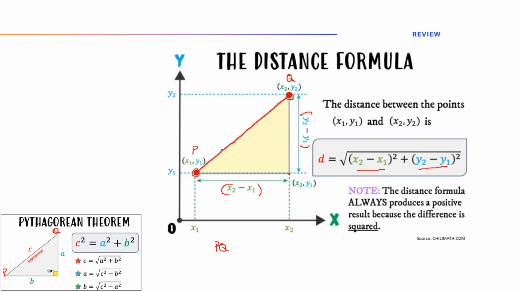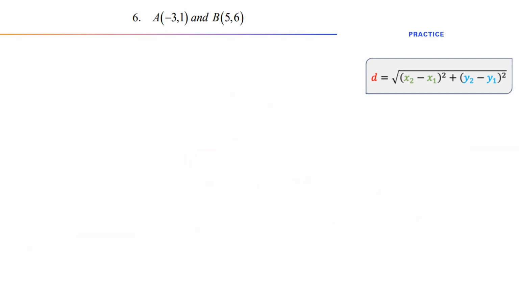So let's practice on some questions. Now we have point A at (-3, 1) and point B at (5, 6). So the distance AB is the square root of that square, right?